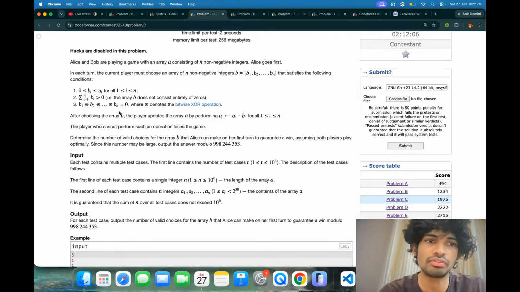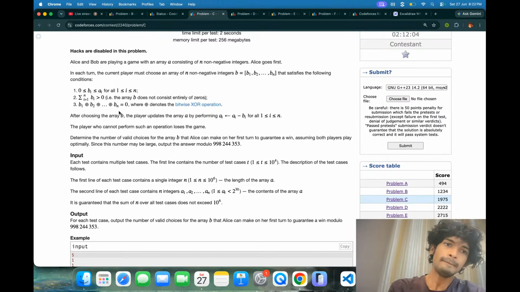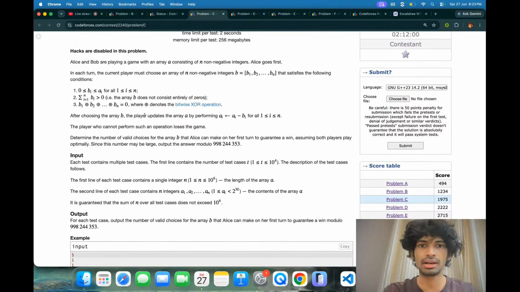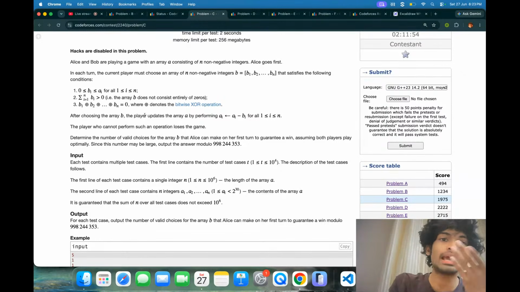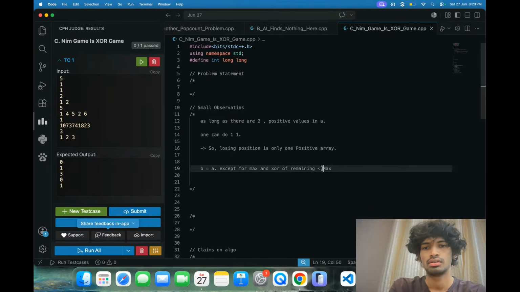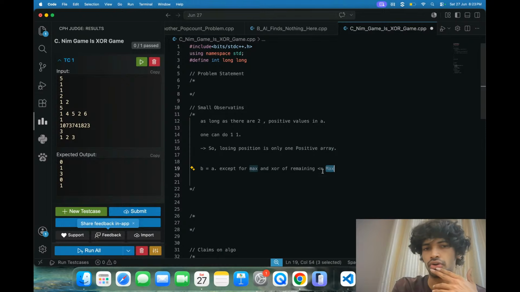Or equal to max also will work, because you can just remove everything and then A will become all zero, and once A becomes all zero, that's also a losing position, right? So when will this happen and when will this not happen? We have to think of that. Is the XOR of all the remaining things less than or equal to max or not?